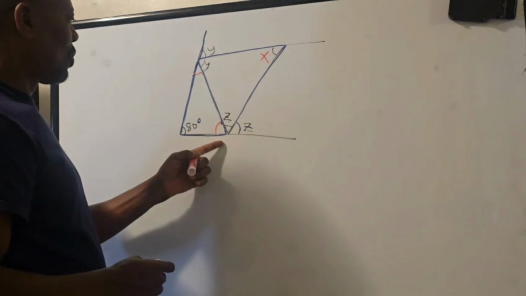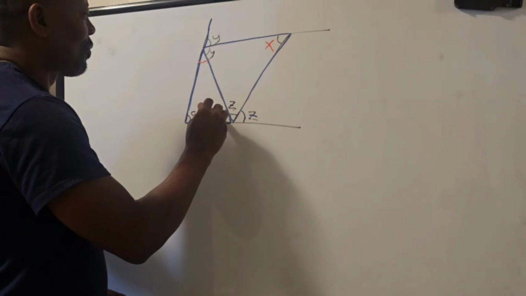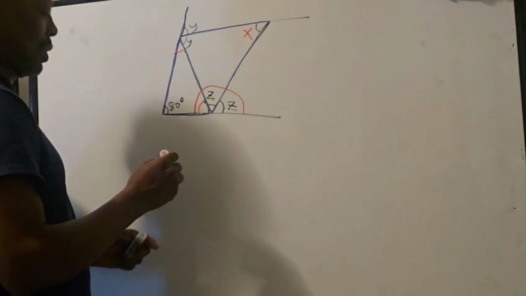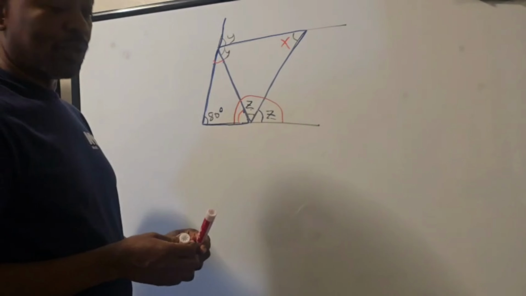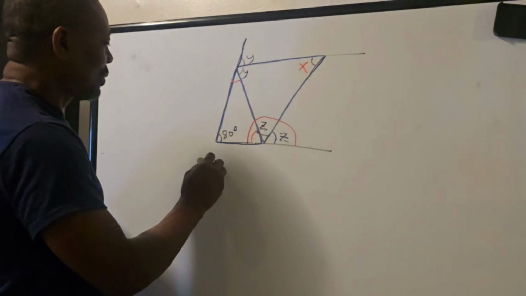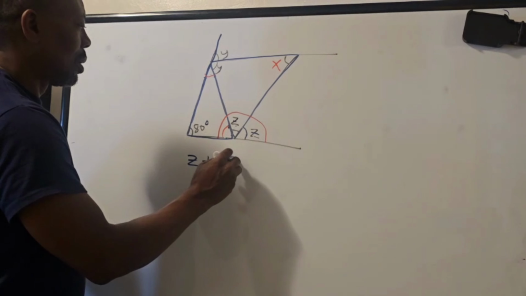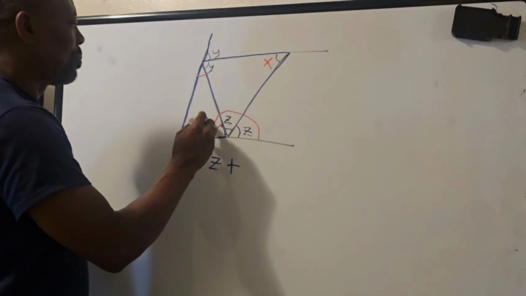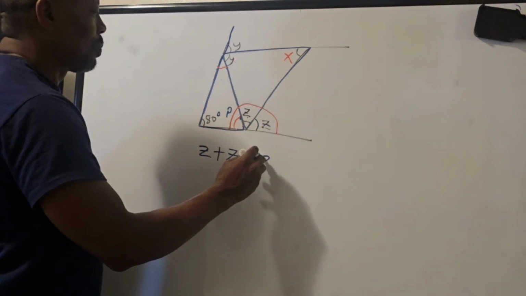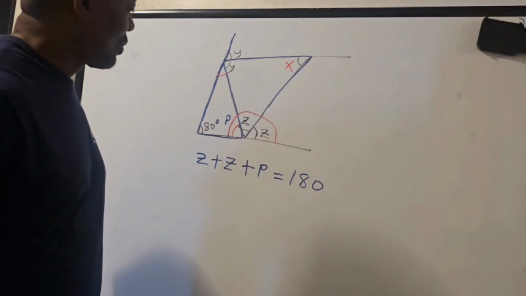So now we'll consider the total angle from here to here, which is 180, the total angle in a straight line. So you're going to say Z plus Z, let's call here P, plus P equal to 180.